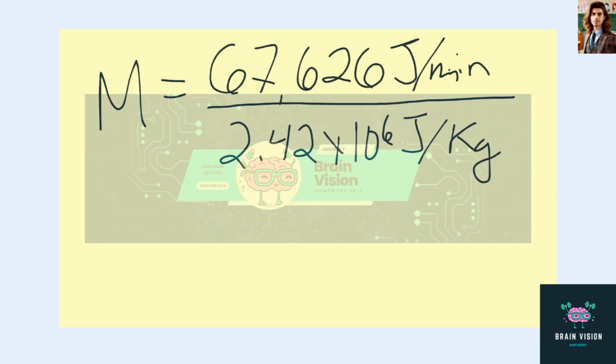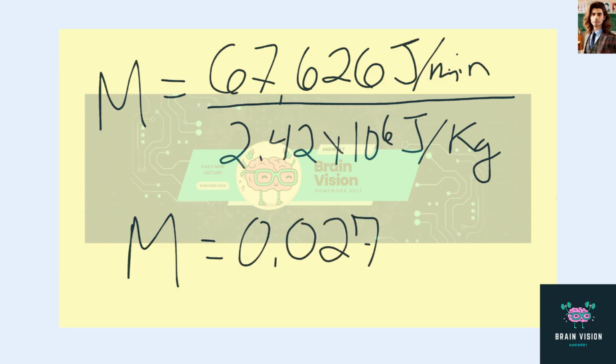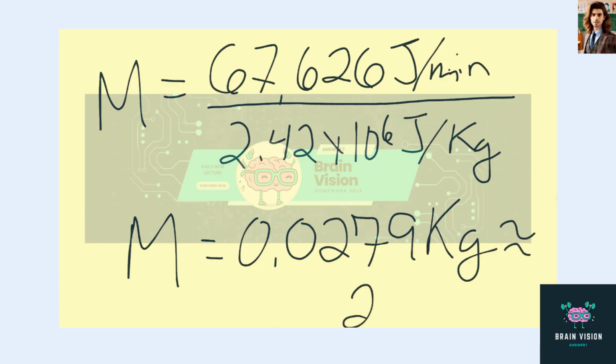I get the mass needed to evaporate every minute is 0.0279 kilograms, or about 28 grams, about an ounce. Okay, so just a quick example on some heat transfer and energy relationships.